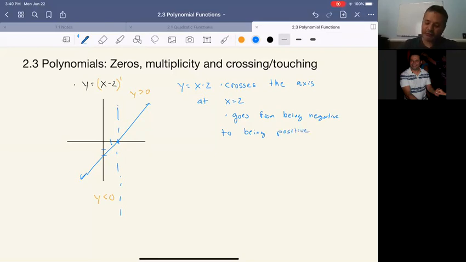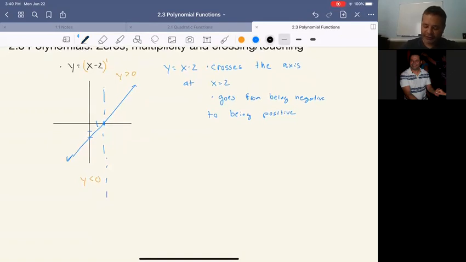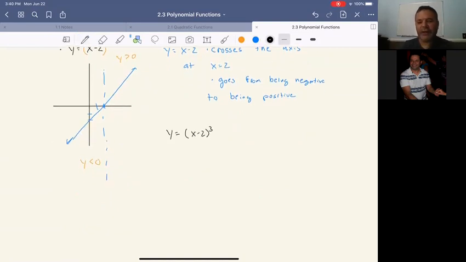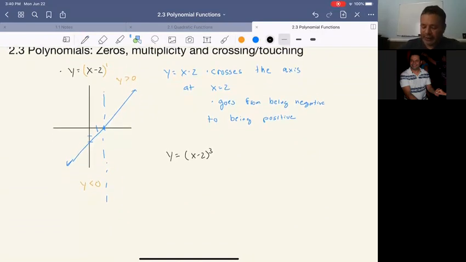All right, let's do another one just to get ourselves on the same language page. Y equals, well, let's do (x minus 2) cubed. So if I have y equals (x minus 2) cubed, that's actually going to do a lot of the same thing.